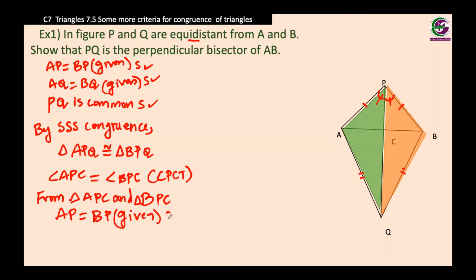So we get a side. Angle APC is equal to angle BPC. We just proved it above. So we get one side, one angle, and you can see PC is common.